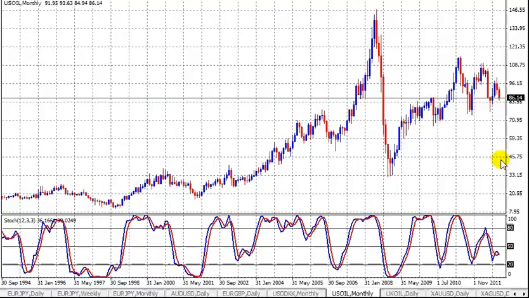So there's a bit of an inverse relationship between the dollar and oil, and I wanted to bring that to light now because it really looks like that's probably what's going to happen sometime over the next 12 months. Technically and fundamentally too, there's a lot of reasons for it.